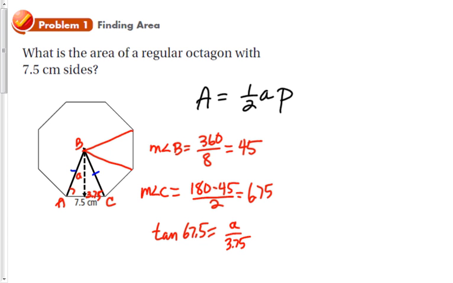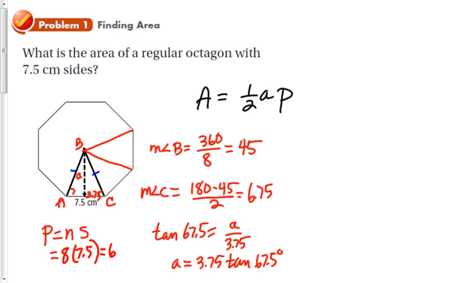Solving this for A, I get A is equal to 3.75 times the tangent of 67.5 degrees. I also need to know the perimeter here, and that's just the number of sides times the length of one side, so that would be 8 times 7.5, which is 60.